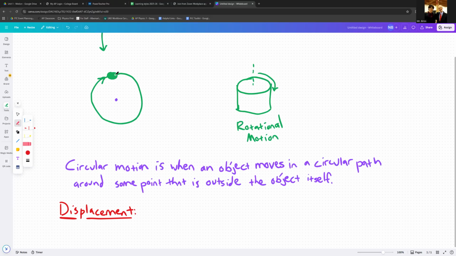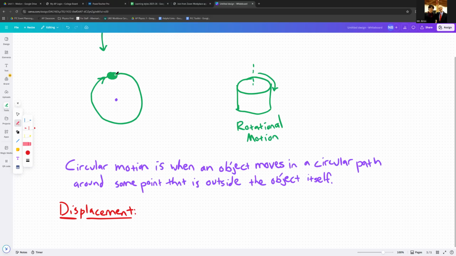But we don't want to say its displacement is just 0 if it did that. Not only that, but if we're going left to right, it becomes a little harder to track.